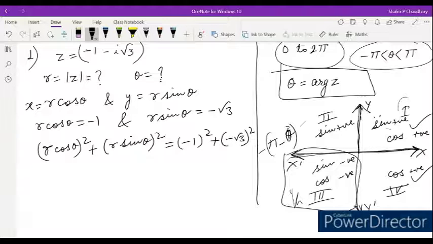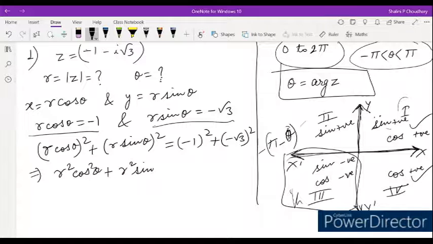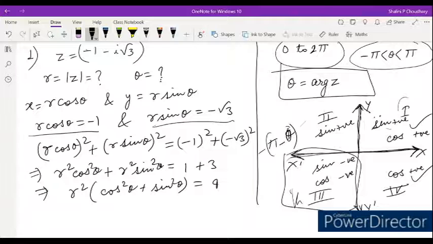We are adding these two. So we can take r square common: r square cos square theta plus r square sin square theta will be equal to 1 plus 3. Taking r square common, we get cos square theta plus sin square theta, and that should be equal to 4.